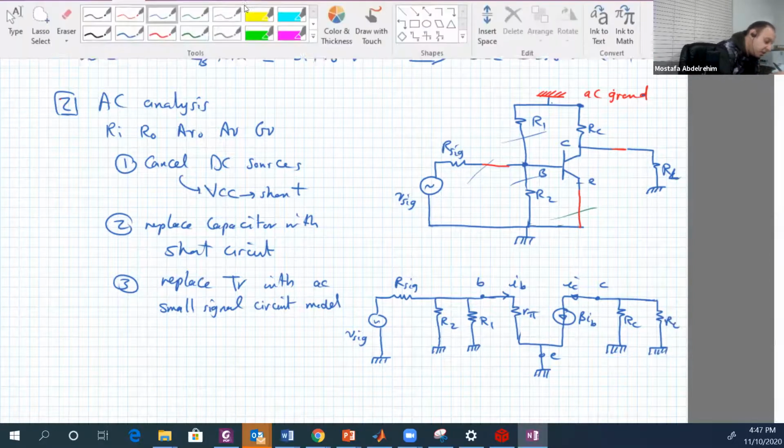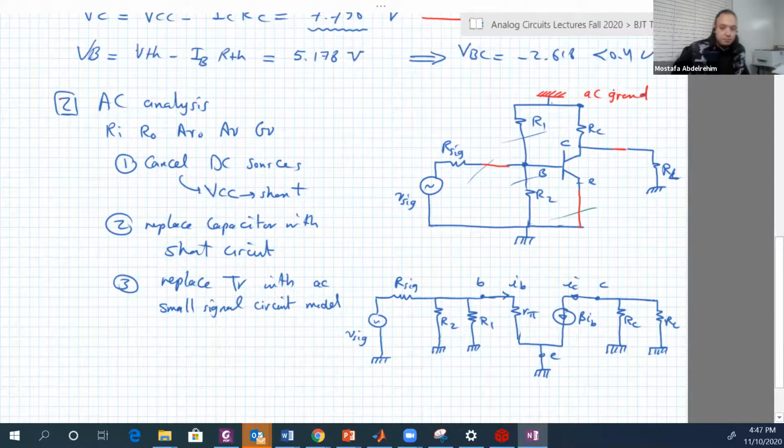And before anything, put the directions of our input, our output, and V input. Okay, so V input is here. Here is RI. And VO is here. And here is RO. Good.